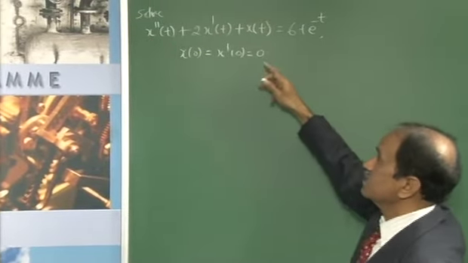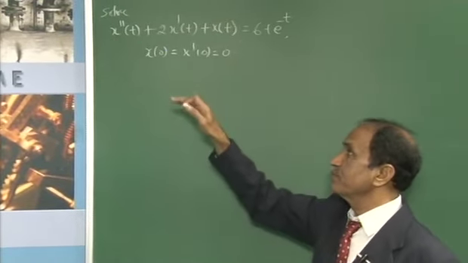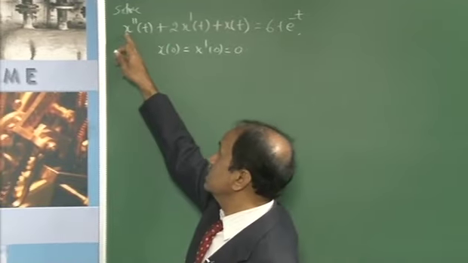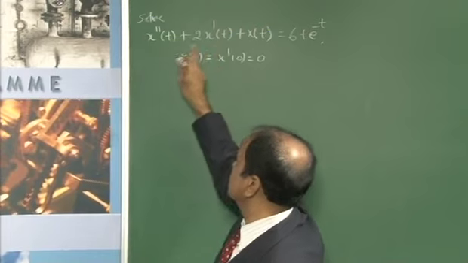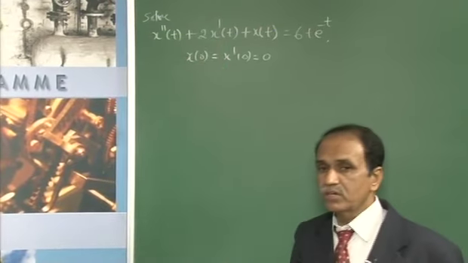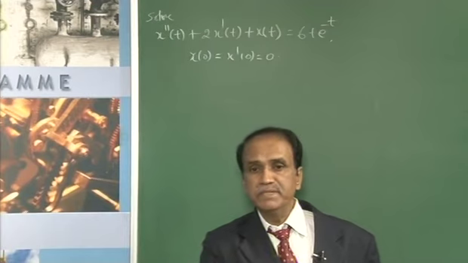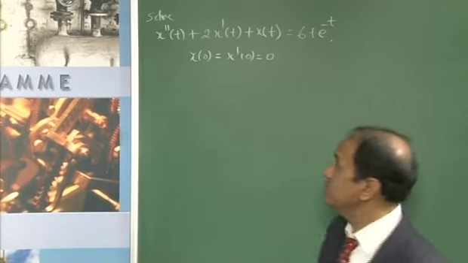The given statement includes x as a function of t, because here x double dash t and x dash t are differential coefficients, and dx by dt conveys that x is a function of t.